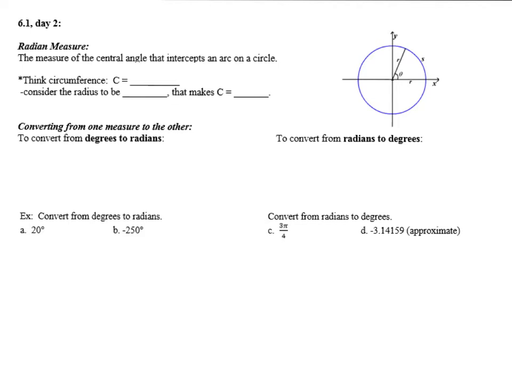So let's think about it this way. The circumference of a circle, which you've probably seen before, is 2 pi r. Now, if we were to say the radius was 1, it might be kind of weird why that's the case, but let's say that it is.